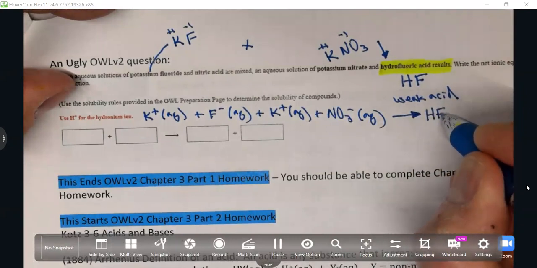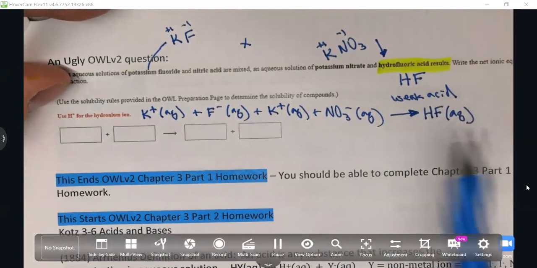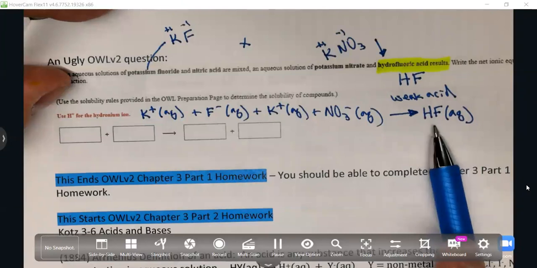HF stays together as aqueous over here. It is a weak acid.